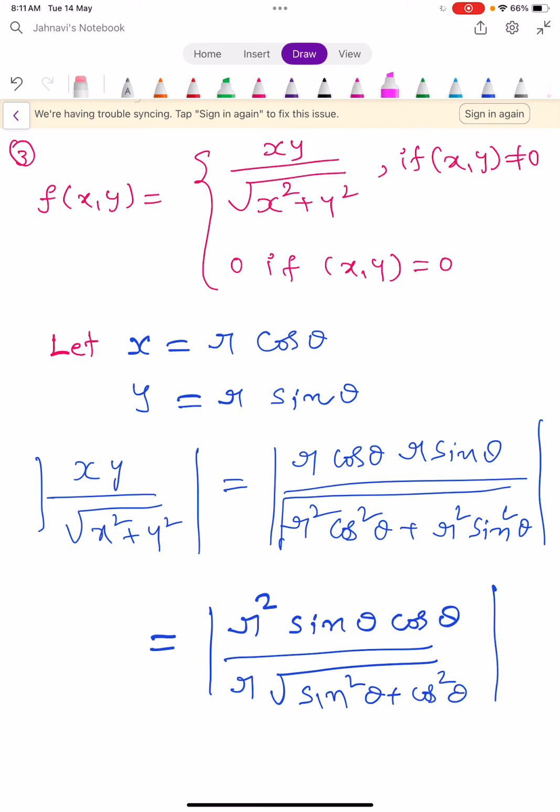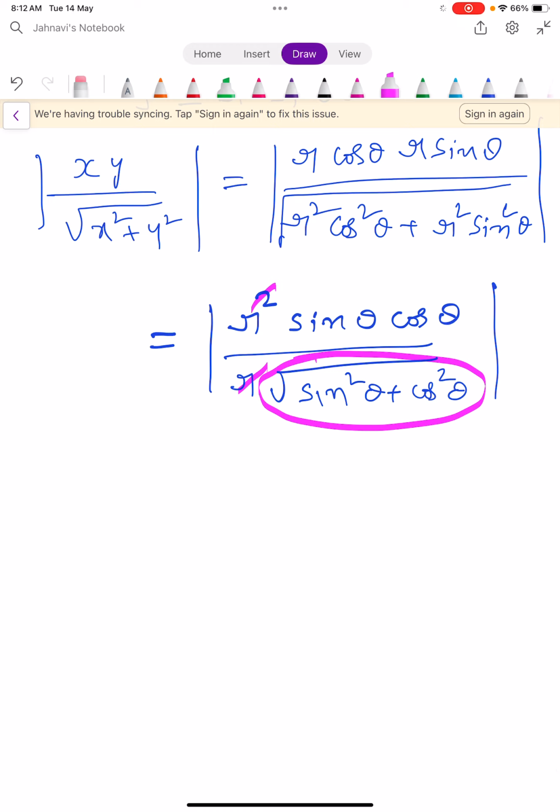The denominator term completely becomes 1 and r square gets cancelled. You simply get r into mod sin theta into cos theta.